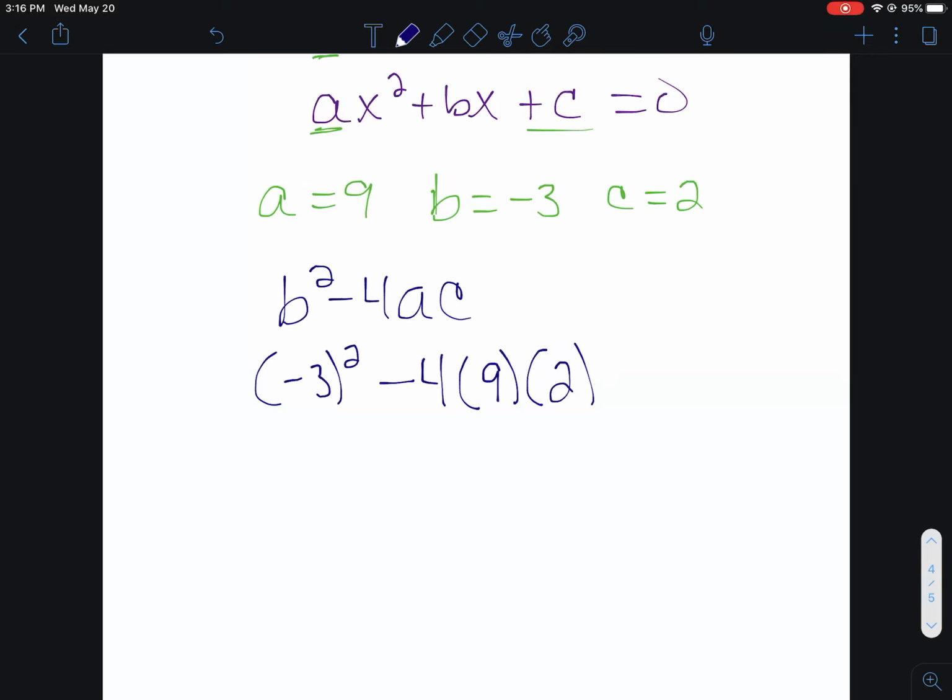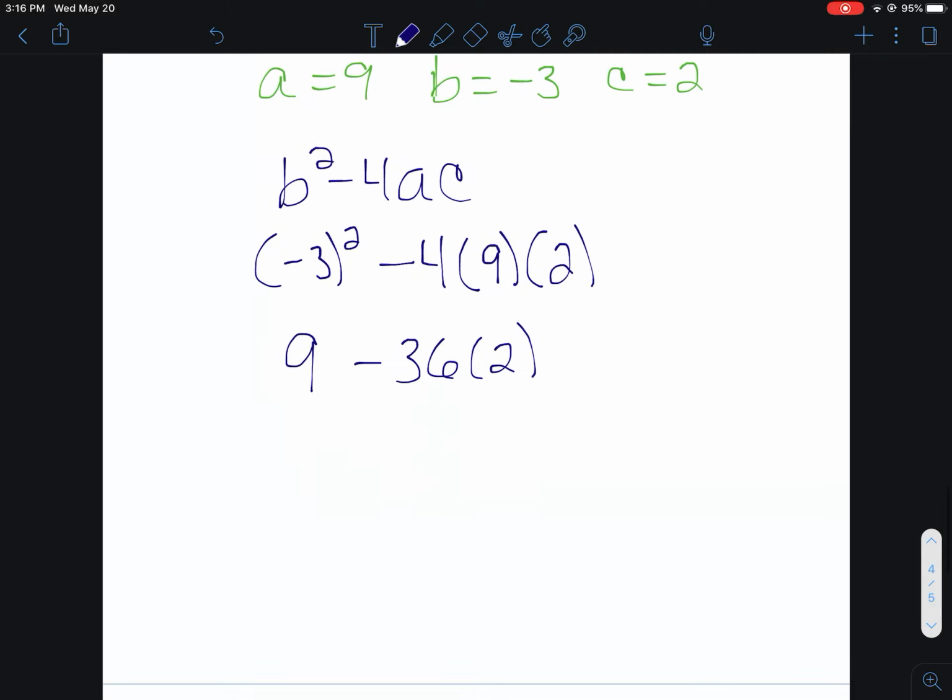We're doing exponents first. -3 squared is 9. -4 times 9 is -36 times 2. -36 times 2 is -72. 9 minus 72 is -61, right? So here, oh sorry, no, I messed it up, 63. Maybe we should use a calculator.